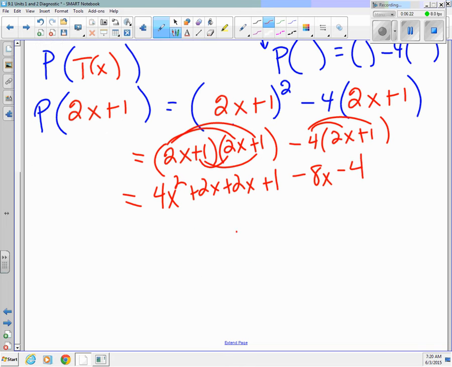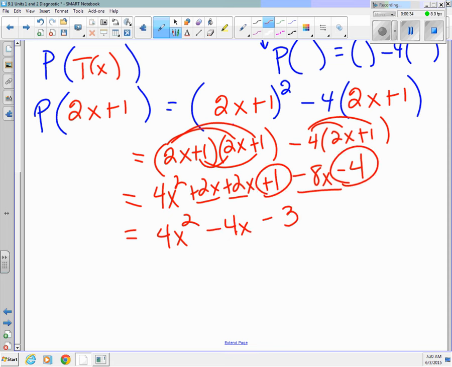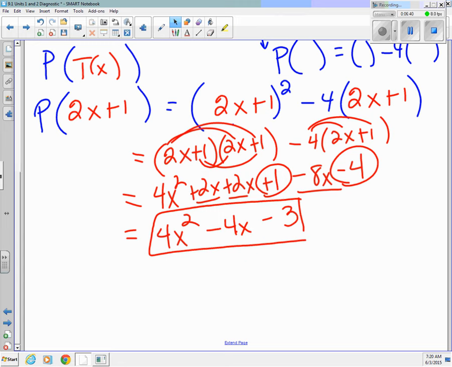At this point, we get 4x squared. If I simplify my like terms, I have 2x plus 2x is 4x. 4x minus 8x is negative 4x. Plus 1 minus 4 is minus 3. And that's it. Okay, number 5.